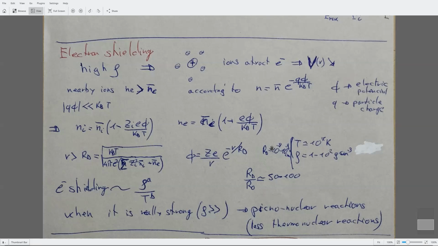A classical value is a temperature of 10 million Kelvin and a density of around 100 grams per cubic centimeter, which is more or less the typical density inside a star. The radius is quite small, 10 to the minus 8, 10 to the minus 9 centimeters.